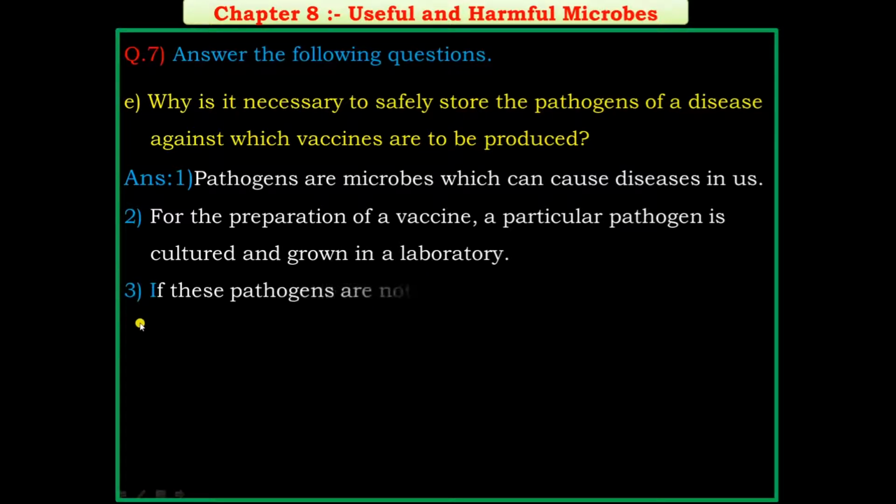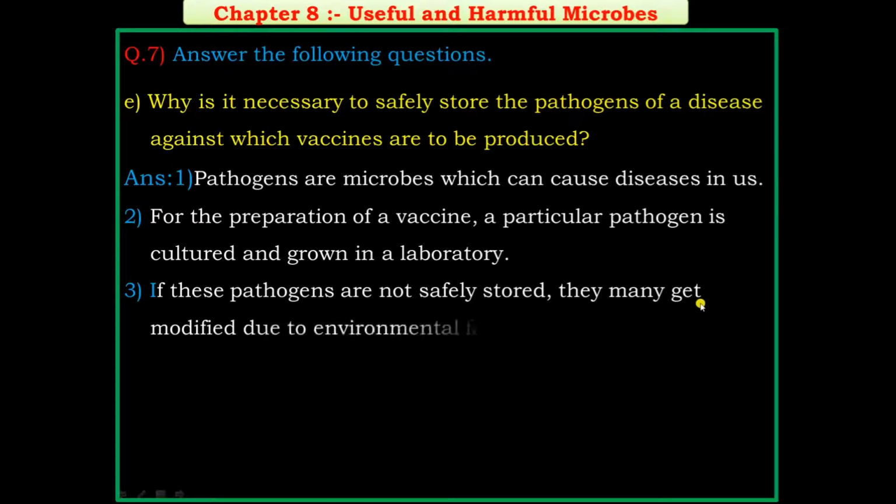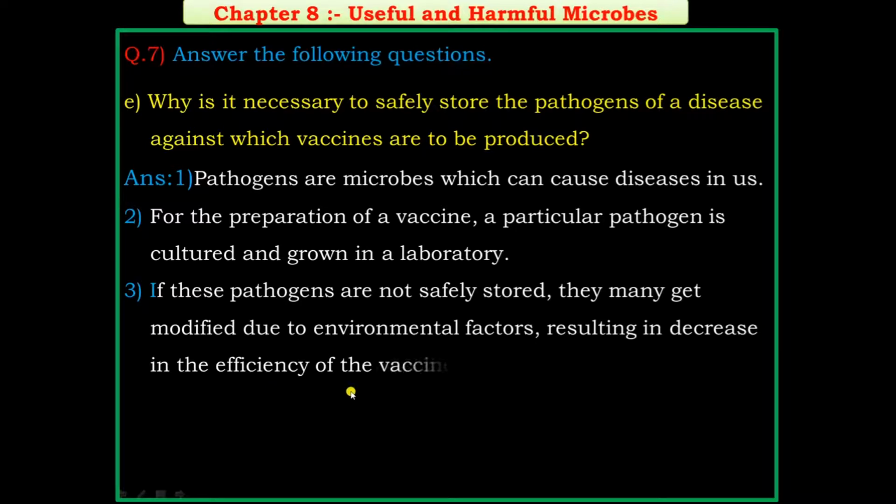Point number 3. If these pathogens are not safely stored, they may get modified due to environmental factors, resulting in a decrease in the efficiency of the vaccines.